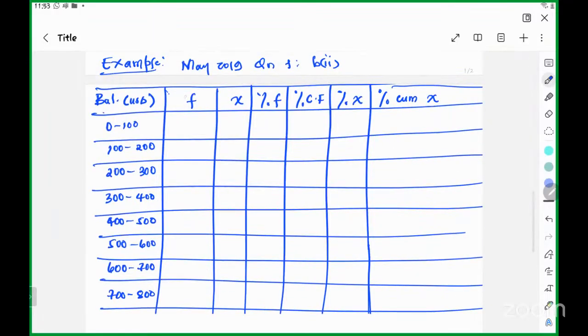Our F is 4, and then we have 8, 13, 18, 22, 15, 10, and 2.